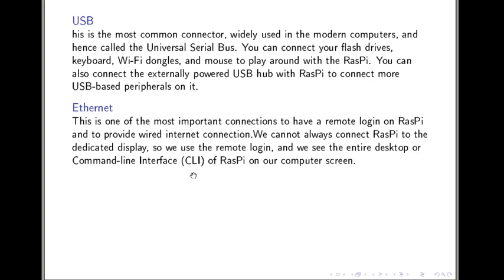You cannot always connect a Raspberry Pi to a dedicated display. In fact, you can program it without display and without keyboard, just by logging in from another computer. For that, Ethernet or Wi-Fi is used.